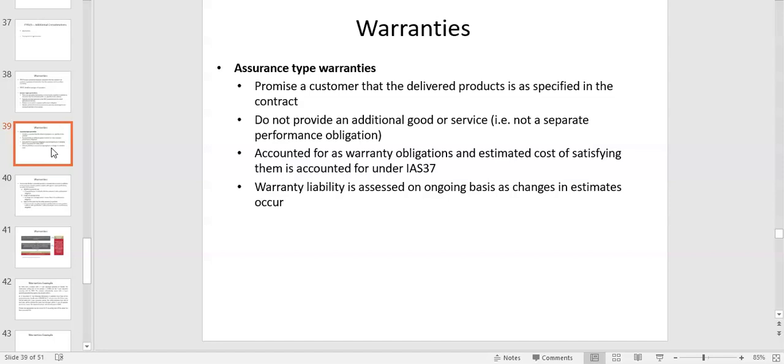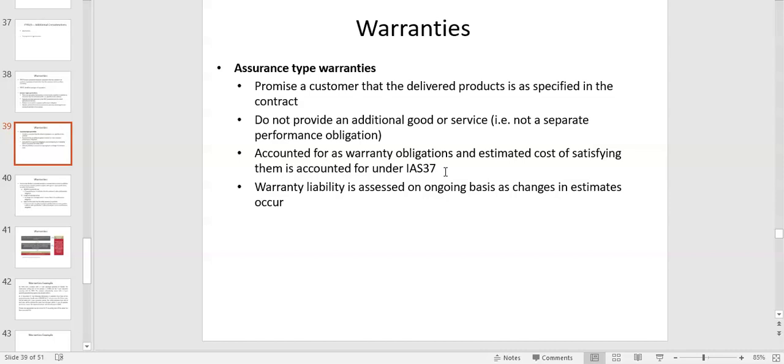So accounting for this warranty isn't a separate performance obligation. You don't need to unbundle it. You account for that as an obligation under IAS 37. So your expectation of the cost of satisfying the warranty: is it a present obligation from a past event, and can it be reliably estimated?